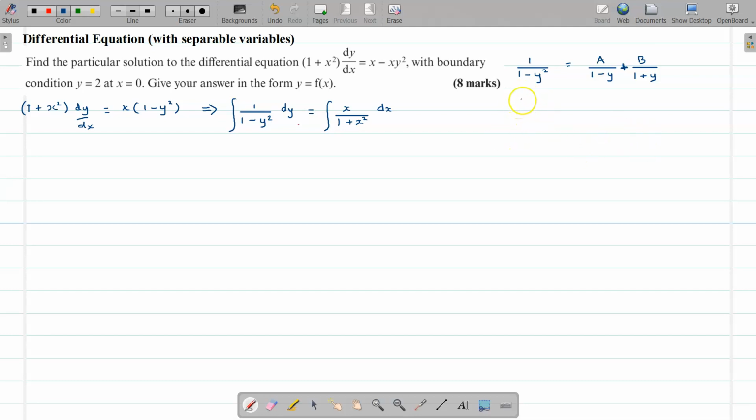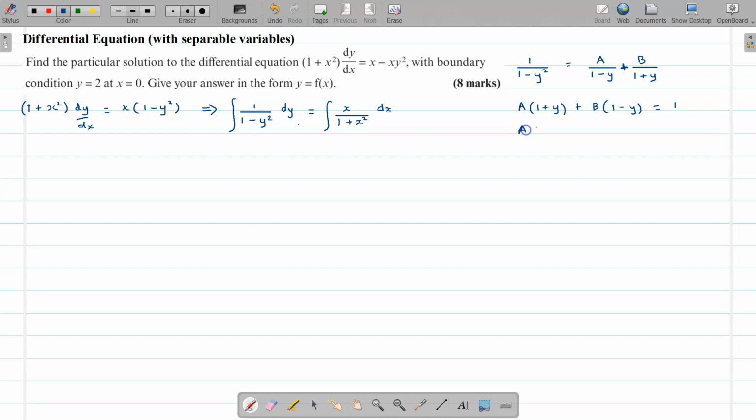We know therefore that a times 1 plus y, plus b times 1 minus y must simply equal 1. You should be able to see quite quickly from there that a plus b is 1.